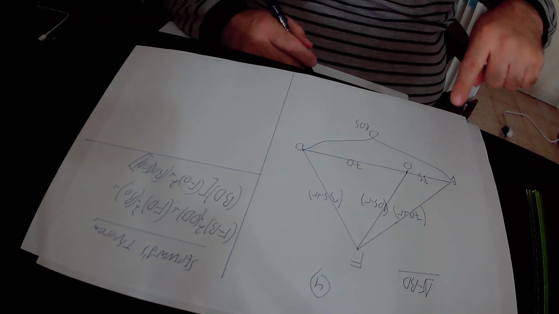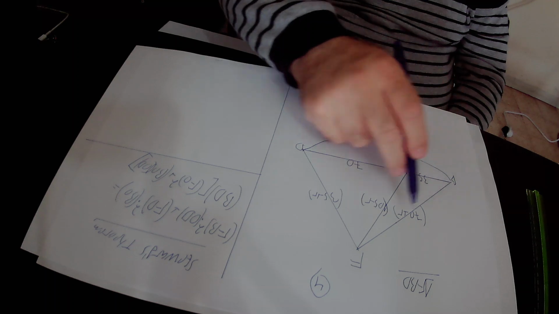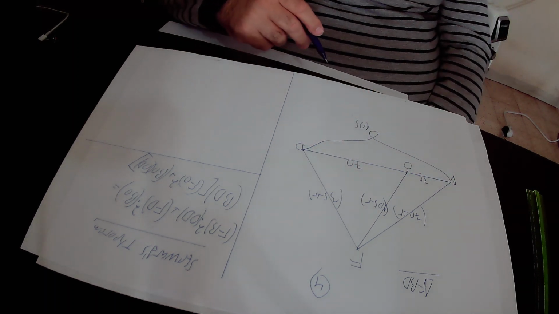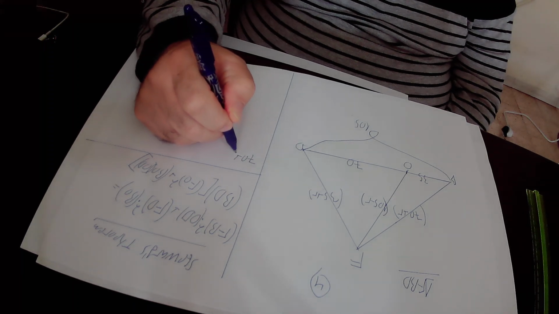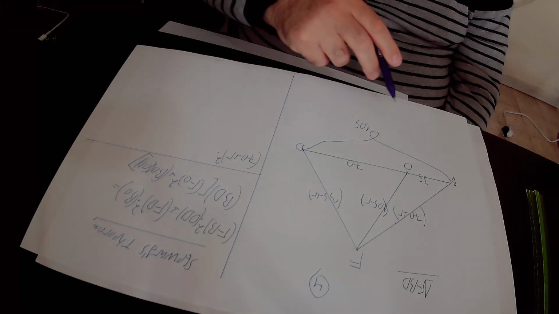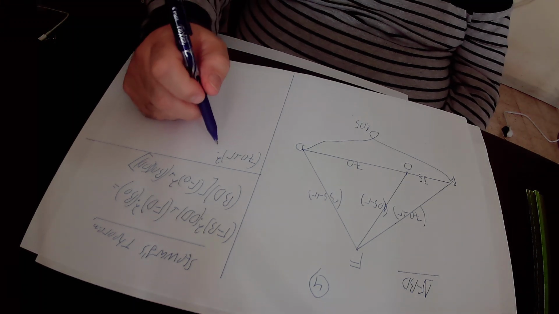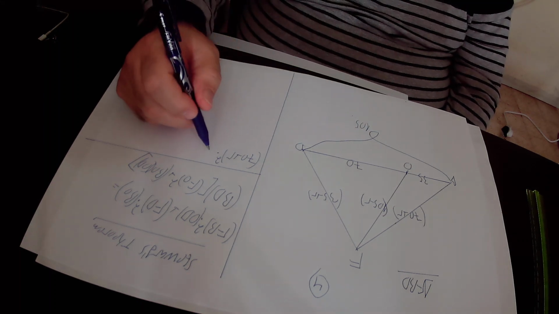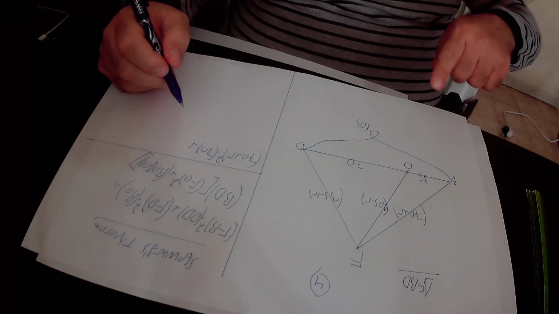FB equals 70 plus R. Therefore, FB squared equals 70 plus R squared times OD. OD is 70, therefore we substitute OD by 70. Plus FD squared.